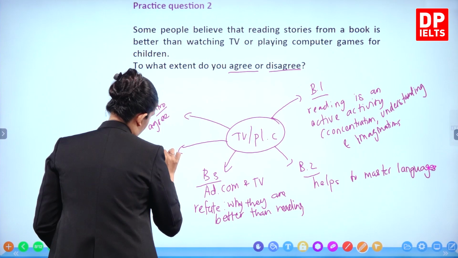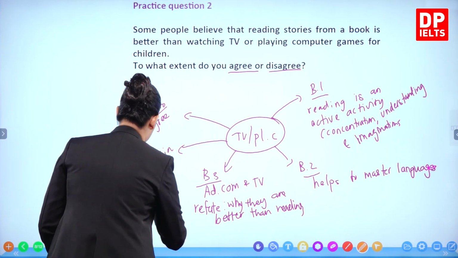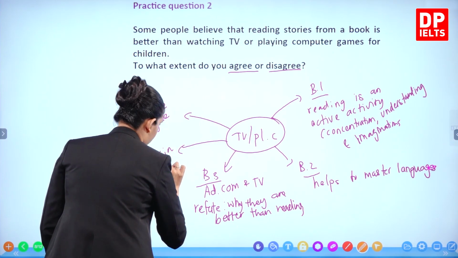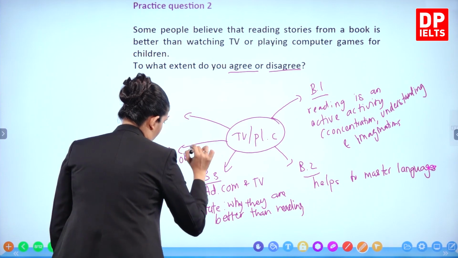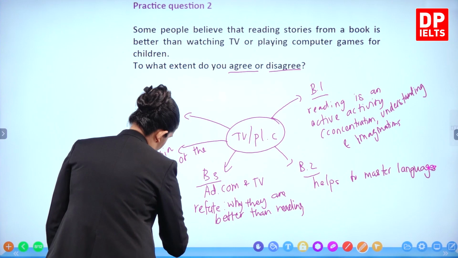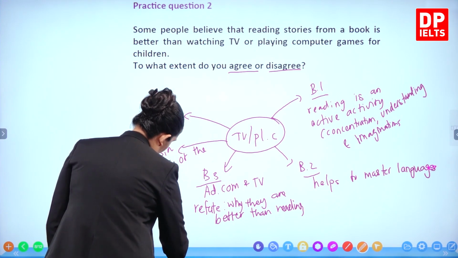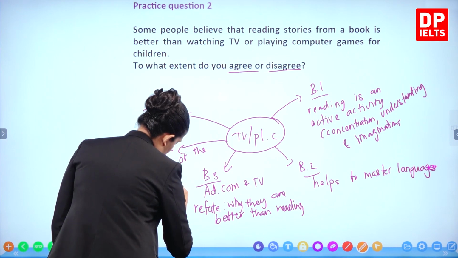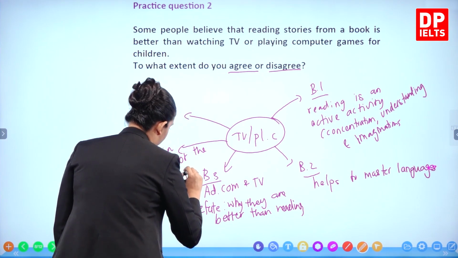Conclusion. Summary of the opinion and supporting points or supporting ideas.